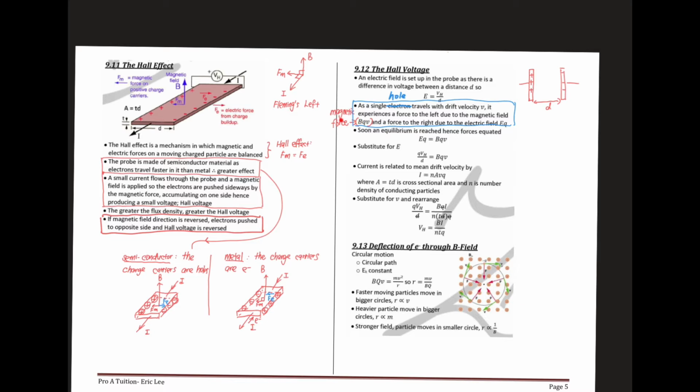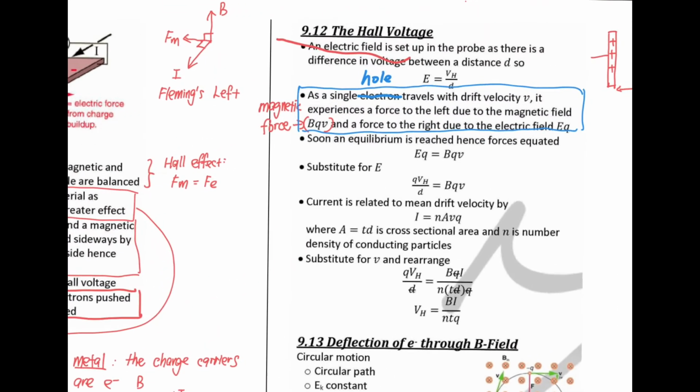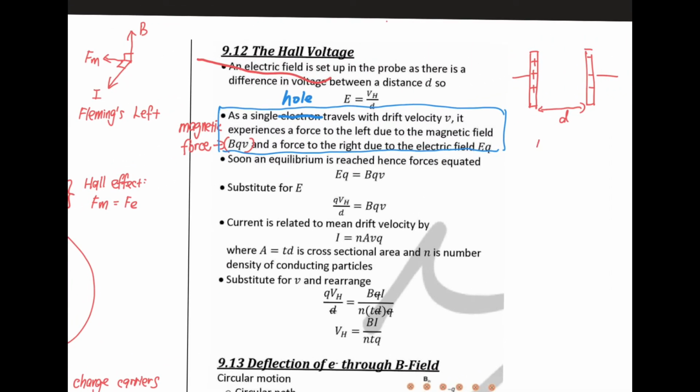Then it has magnetic force BQV, and a force to the right. A force to the right is the electric force, as you can see in the picture, due to the electric field, EQ. How do we get EQ? Be careful with this. We learned it in AS physics, where electric field equal to V over D equal to F over Q. So we take this and this, then we get F equal to EQ.